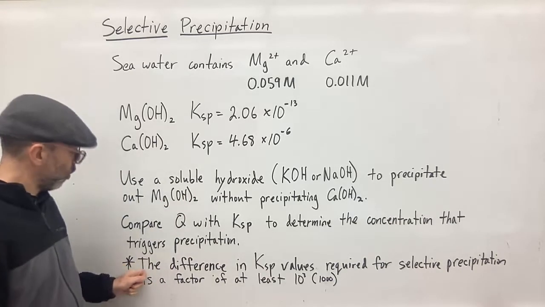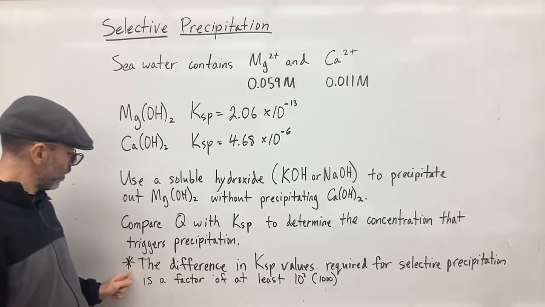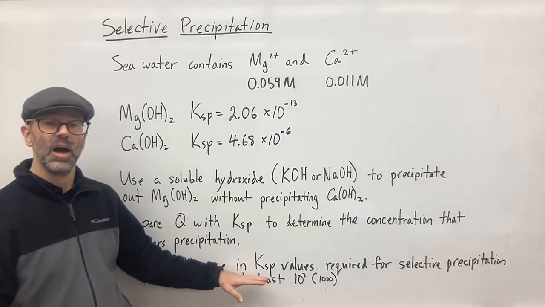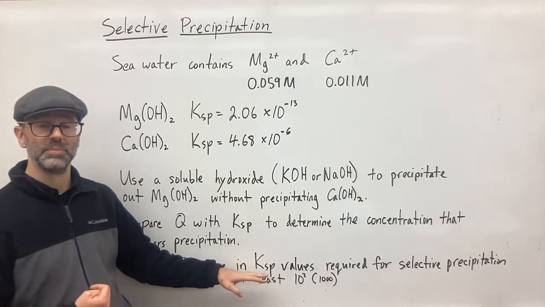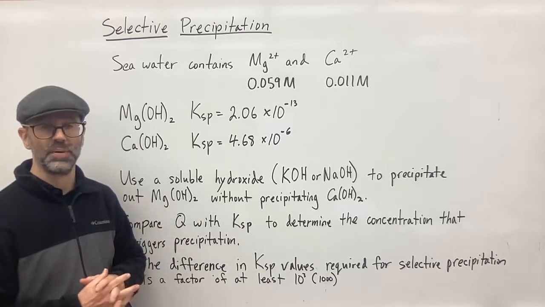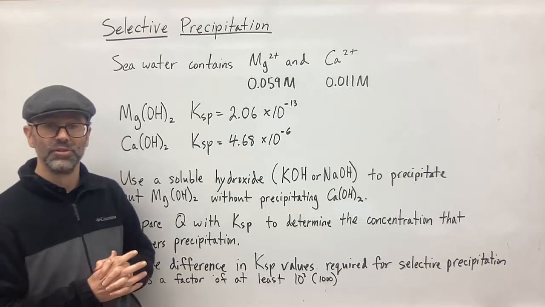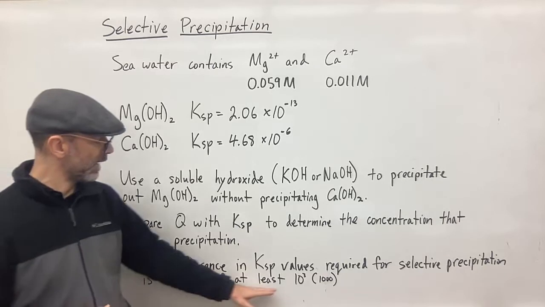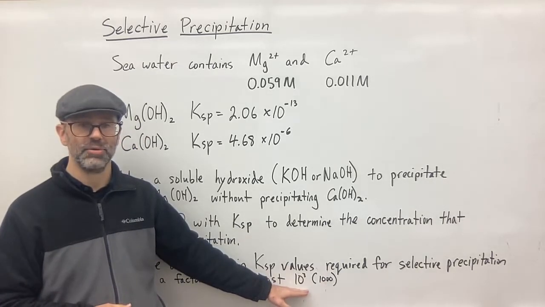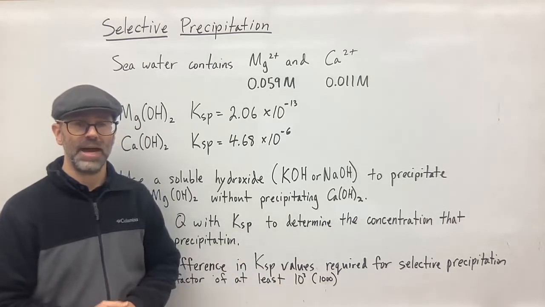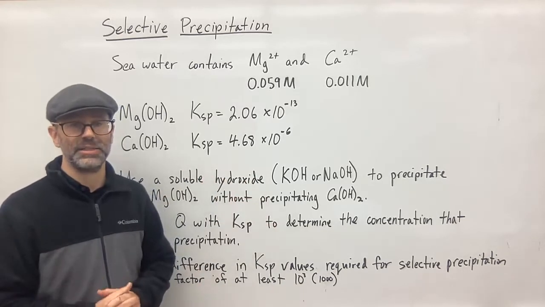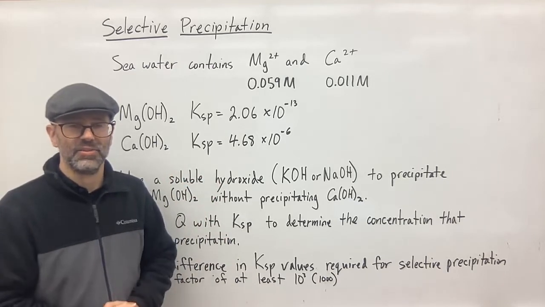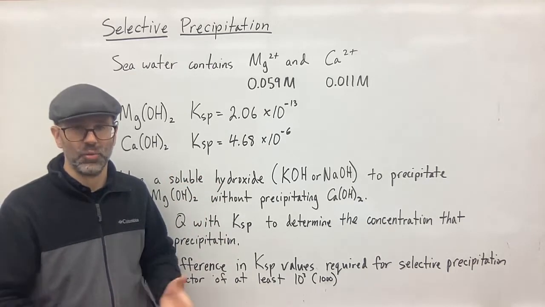Now, in order to do a selective precipitation, one of the key things you need to keep in mind is that the KSPs of the things you are comparing must differ by at least a factor of 1,000, 10 to the 3. So they have to be at least a factor of 1,000 different. If the difference is less than that, then the selective precipitation is not going to work.